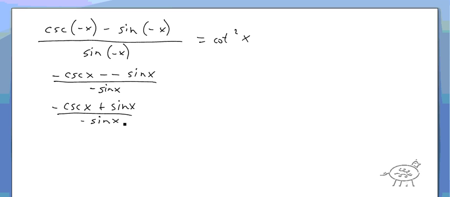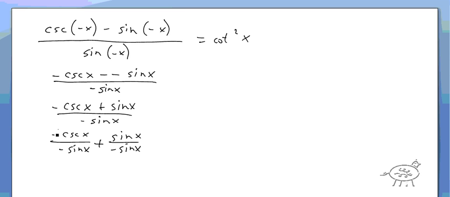And I can actually split this up. So I can write this as negative cosecant of x over negative sine of x plus sine of x over negative sine of x. Alright, so I can simplify a little bit more here.